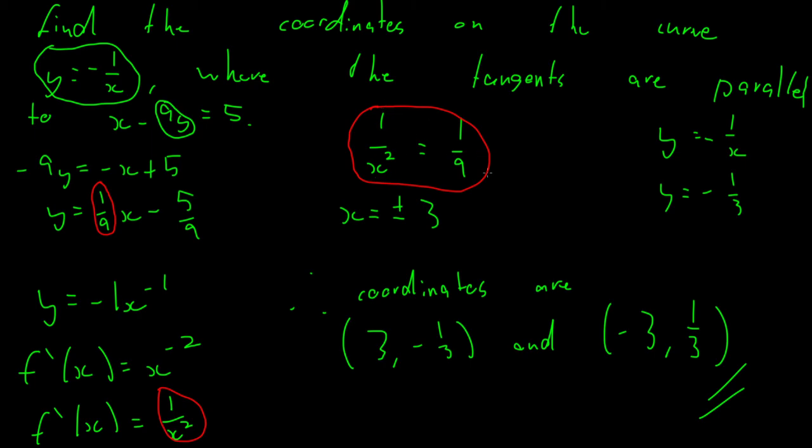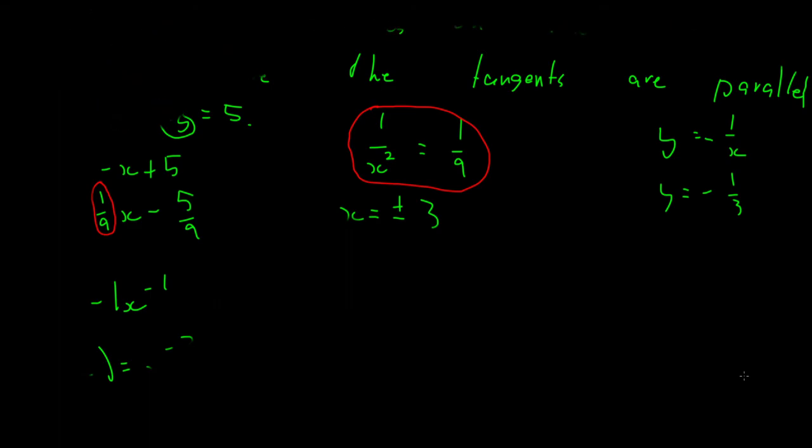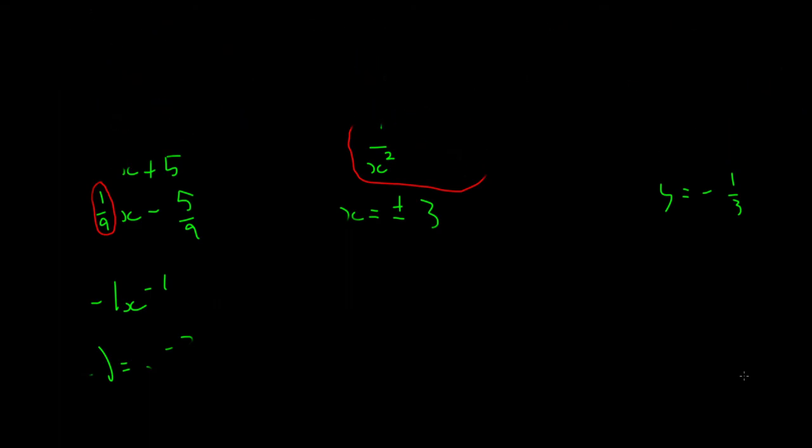And then once you solve this little equation here, you'll get both x values. Then you just sub that back into the original equation, and it'll give you the y values. And there you go. Okay, so that's a tangent question.